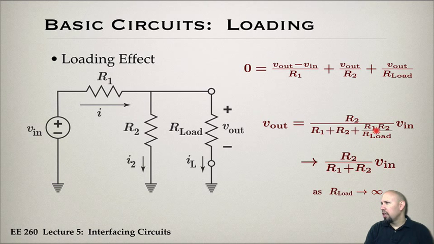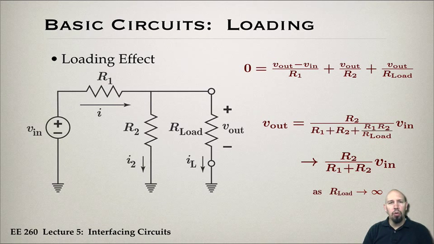So in our voltage divider, if the load is infinite, we get back to just the basic voltage division. If the load is less than infinite, then this number will be a positive number added to the denominator, which makes this entire quantity smaller. Whereas we may have originally designed our voltage divider with resistors R1 and R2 to make this some constant.